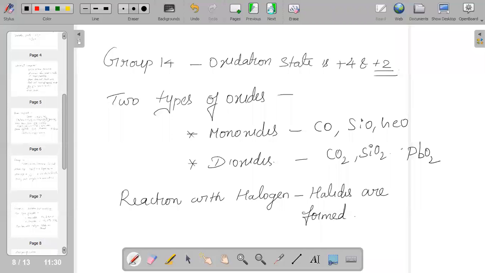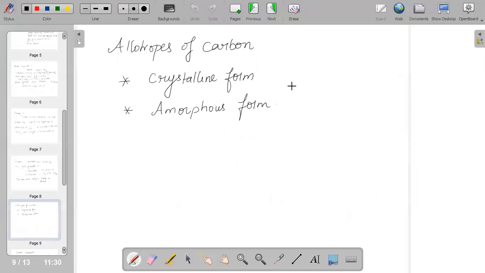These are all the basic properties, and the most important part is: what are the allotropes of carbon? Allotropes are the different forms of an element having the same chemical properties but different physical properties.